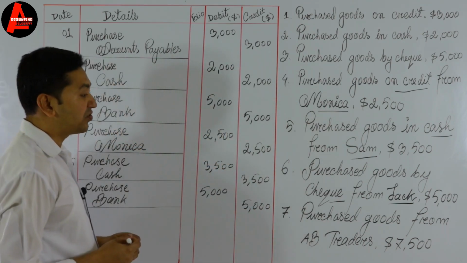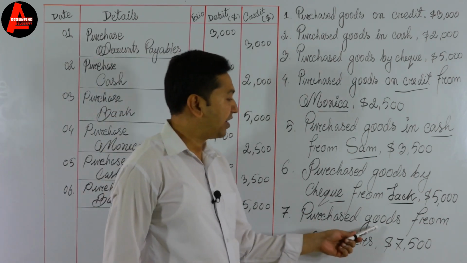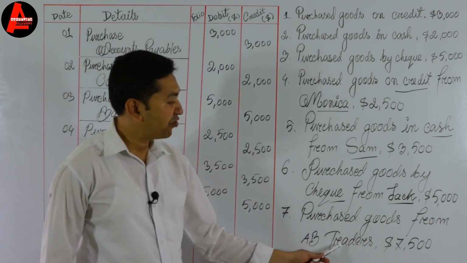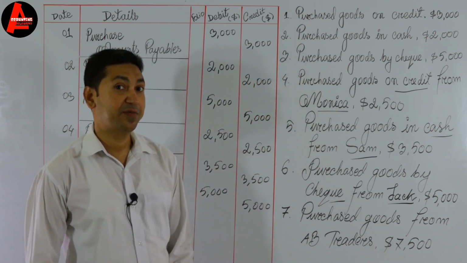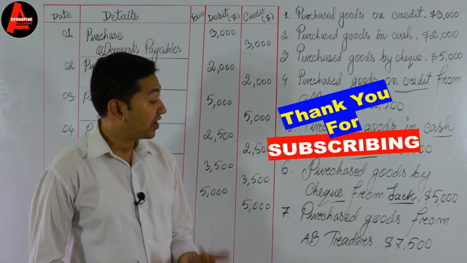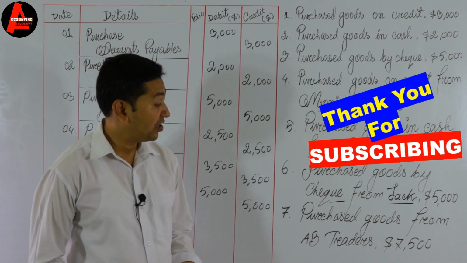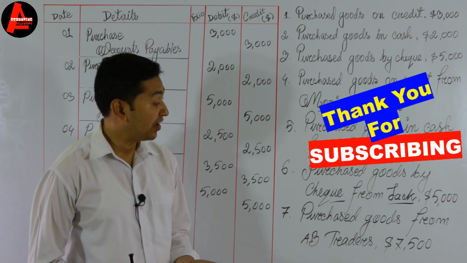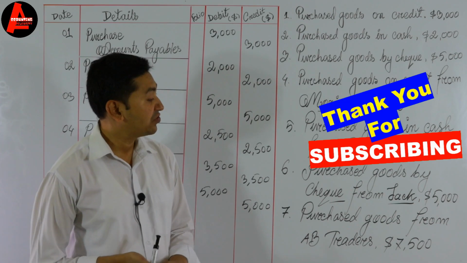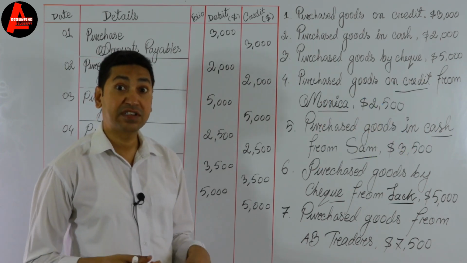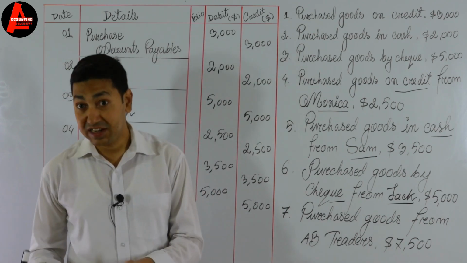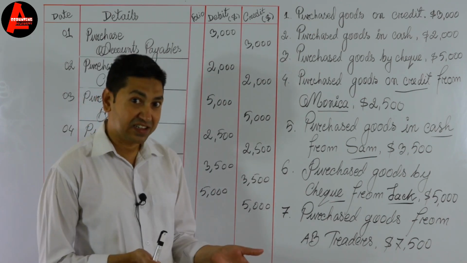Now the last one, number 7. Purchased goods from AB Traders, $7,500. So here what to do? Neither cash nor check nor on credit, nothing is written, just purchase goods from AB Traders. After purchasing, money is paid by check or in cash, not mentioned.